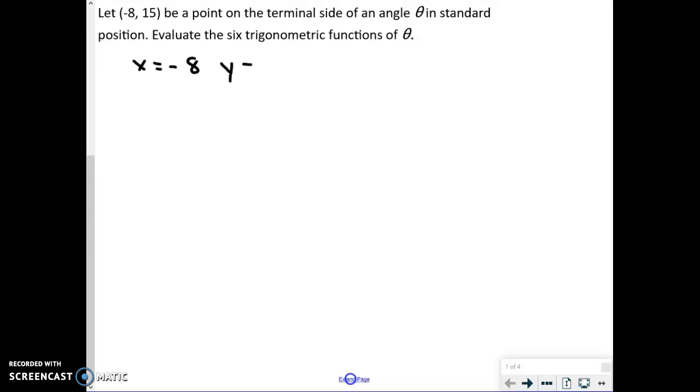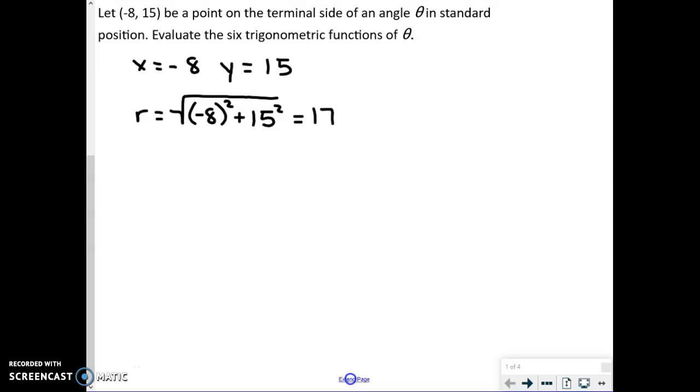We know that y is 15. So if we use the Pythagorean theorem, that would tell me that r is equal to the square root of negative 8 squared plus 15 squared, which, if we do our math there, we end up with r equaling 17.